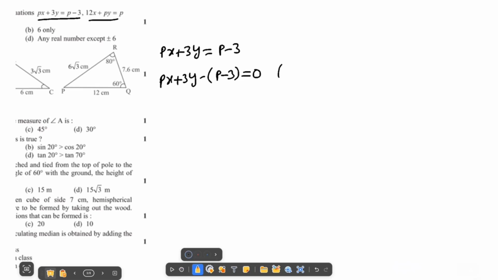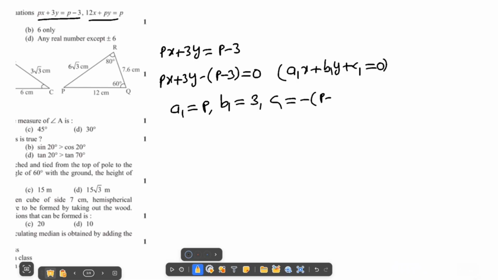What is the general first linear equation? a1x plus b1y plus c1 is equal to 0. If we compare, we get a1, the coefficient of x, is p, b1, the coefficient of y, is 3, and c1, the constant term, is minus of p minus 3.